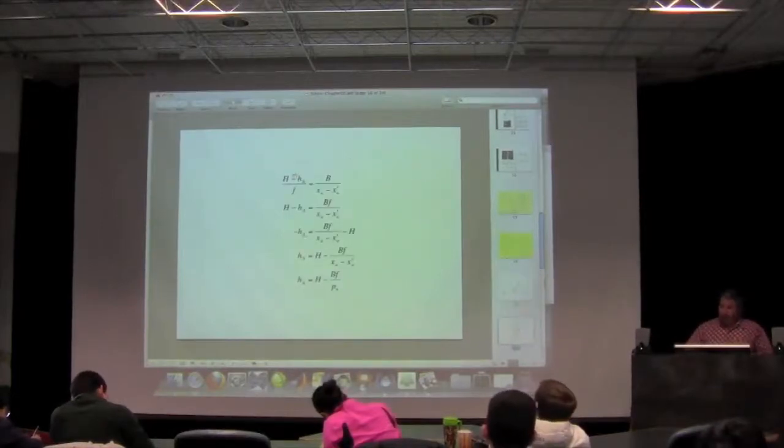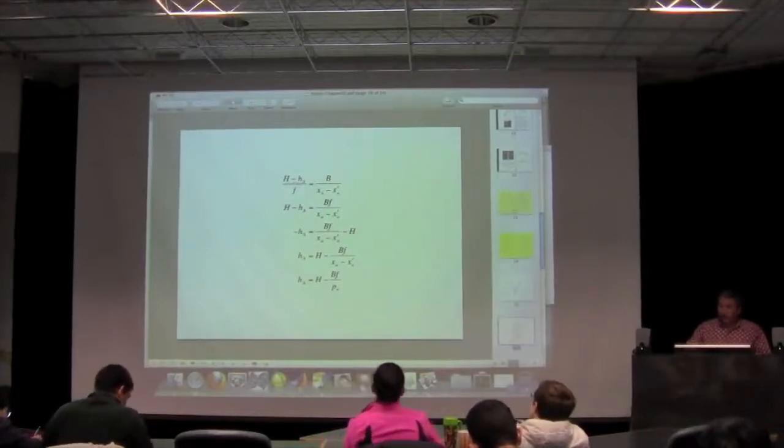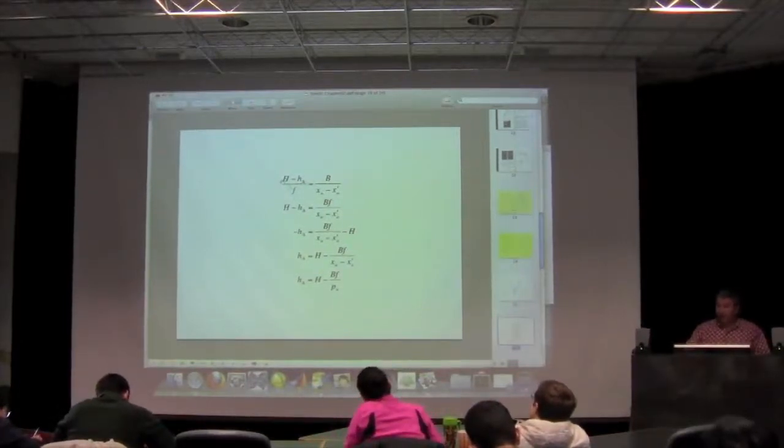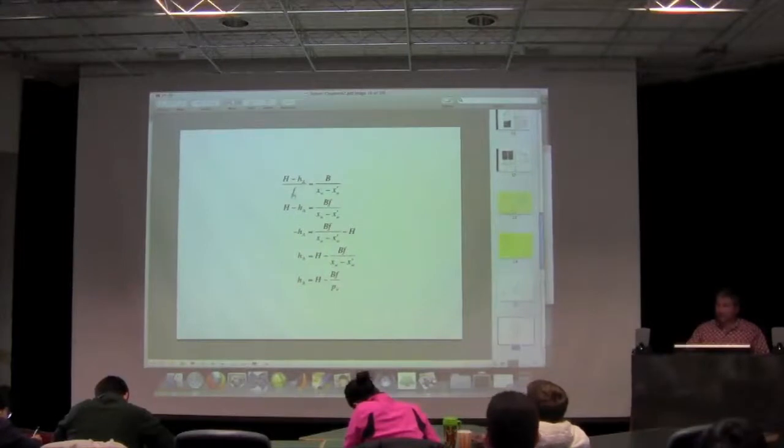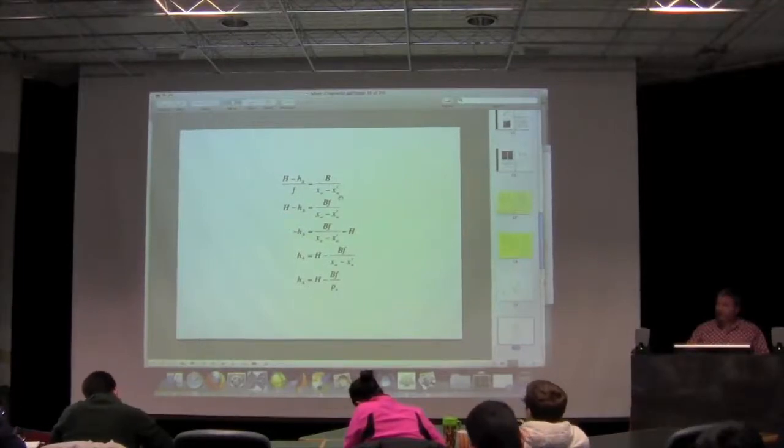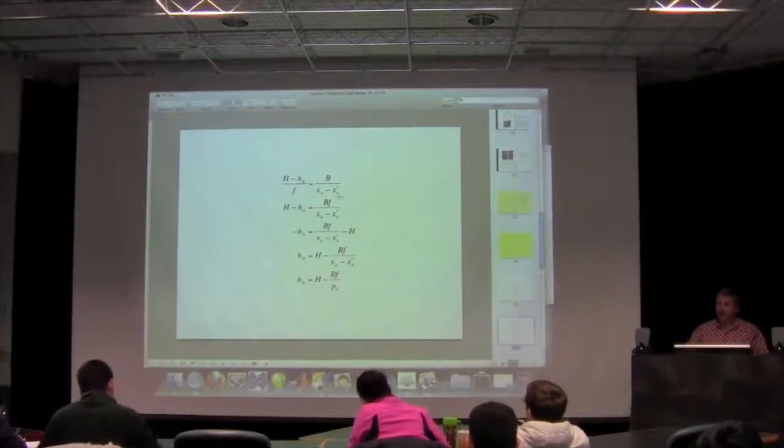All right, so I can look at some ratios now. I could do the scale. Here's the inverse of the scale, H minus h sub a over f. Right? And I'm going to equate that to the baseline over the distance that point A actually moved on the image plane. Right? Little x sub a minus x prime sub a. And this is just in the x direction.